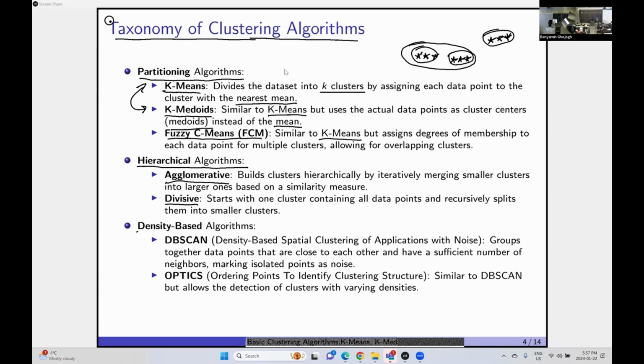So we have density-based algorithms. The most famous one is DBSCAN, short for density-based spatial clustering of applications with noise, right? Basically, it uses density. And what's the advantage of DBSCAN over K-means? K-means, as we will discuss, assumes that the clusters have Gaussian distribution.